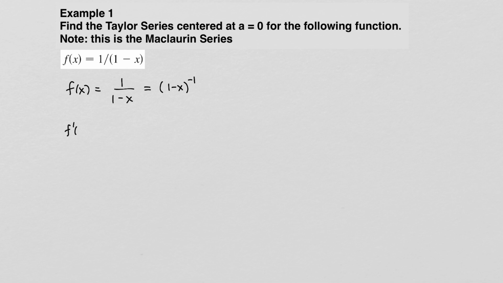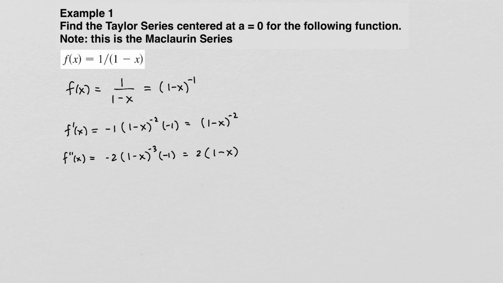Let's go ahead and find the first derivative of this function. It's going to be negative 1 times 1 minus x to the negative 2 multiplied by negative 1, which is 1 minus x to the negative 2. The second derivative is going to be negative 2 times 1 minus x to the negative 3, again multiplied by negative 1 because of the chain rule, and this gives us 2 times 1 minus x to the negative 3.